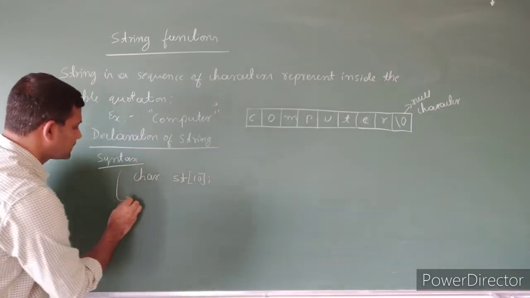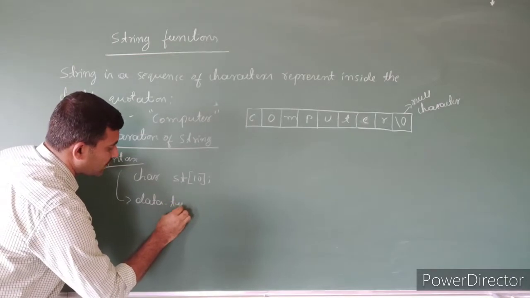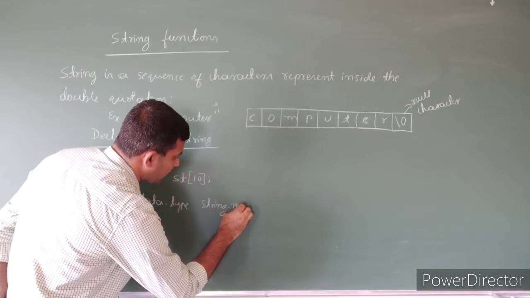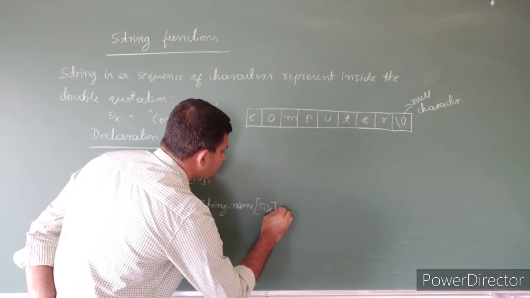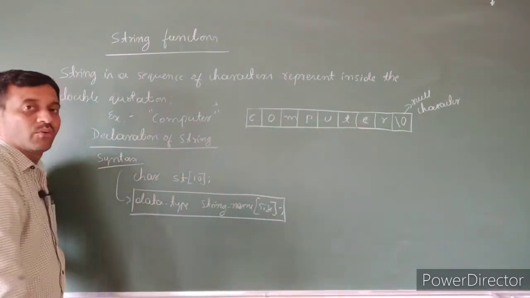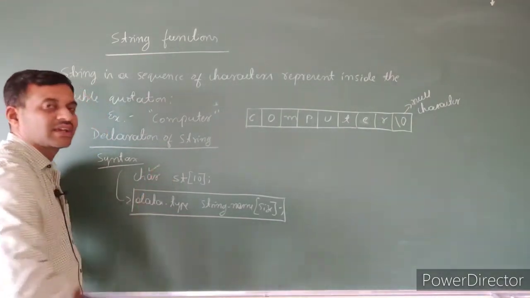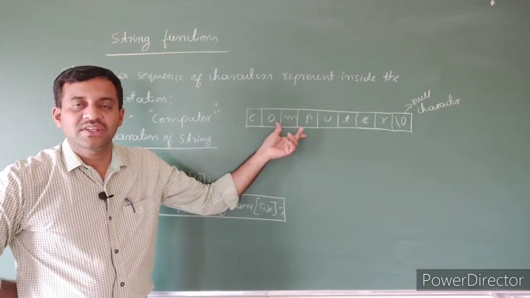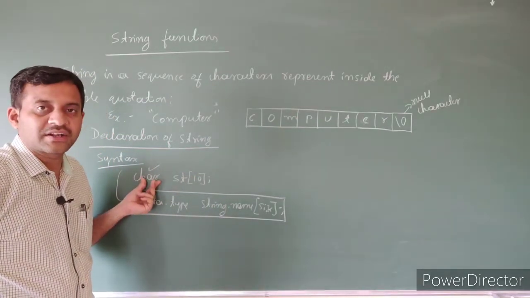That is, the syntax is data type, string name, then size. It is the same as a one-dimensional array declaration. But the data type is always character type, because inside the one-dimensional array we have to store a sequence of characters. Hence, the data type is always character.